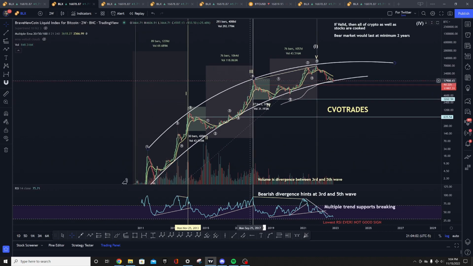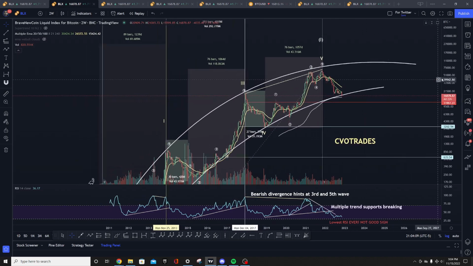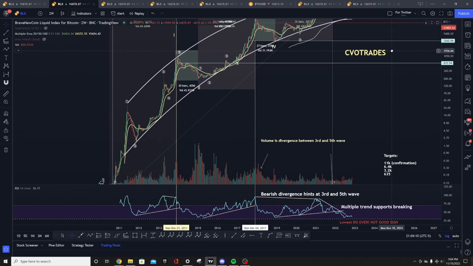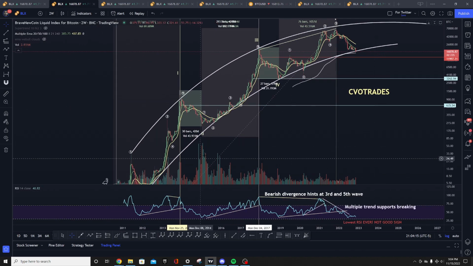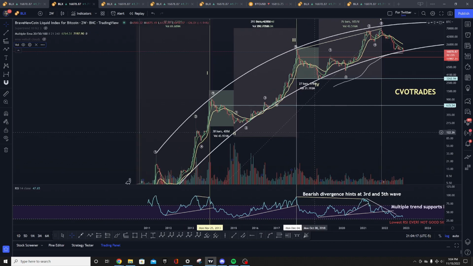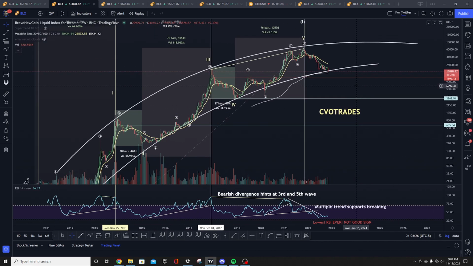You can see wave 3 and wave 5 are exactly the same in time, which is pretty crazy to me. There's a lot of time symmetry. Something to note is that the log curve is breaking down, and that's not bullish, that's bearish.